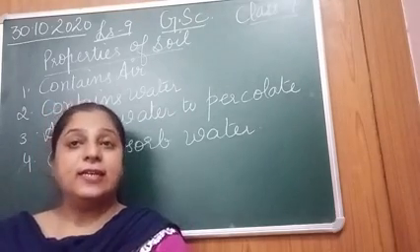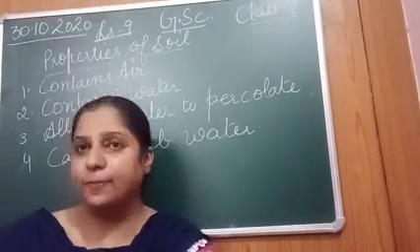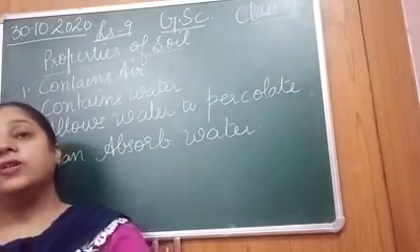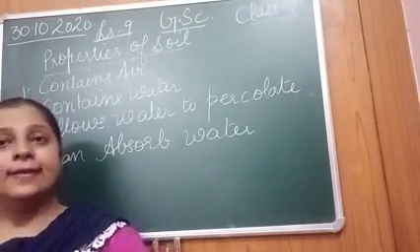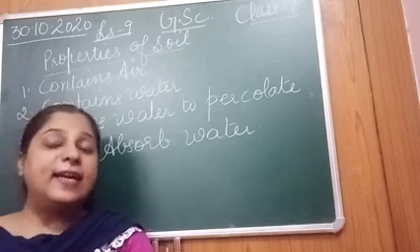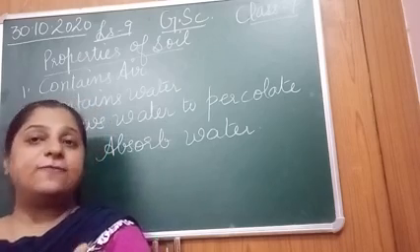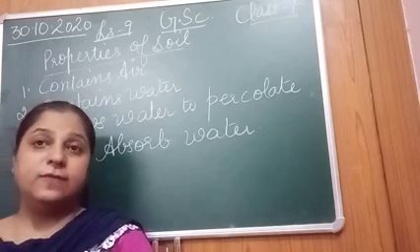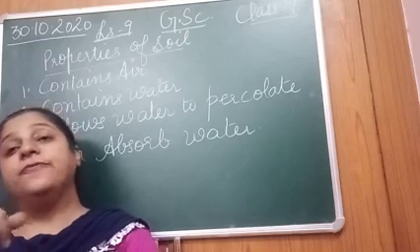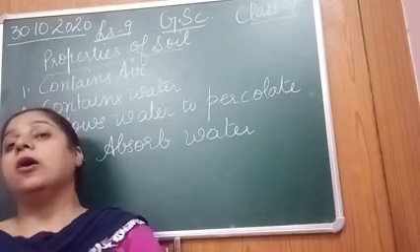In this activity, take a beaker and take any kind of garden soil, any type of soil. Now, heat this beaker having the soil. Then, cover the beaker with a lid. After some time, when you remove the lid, you will observe that water droplets are there on the lid.